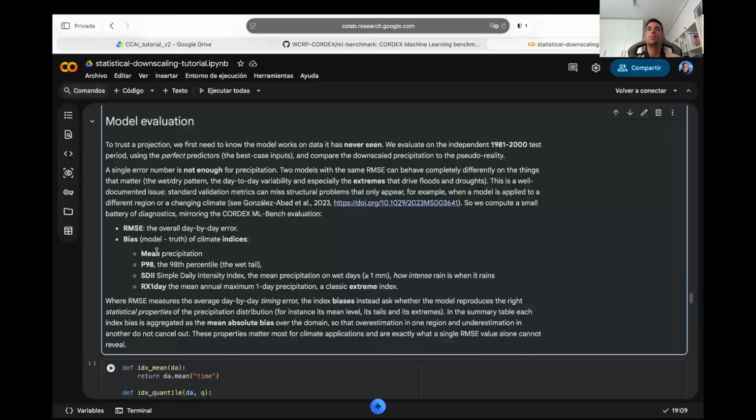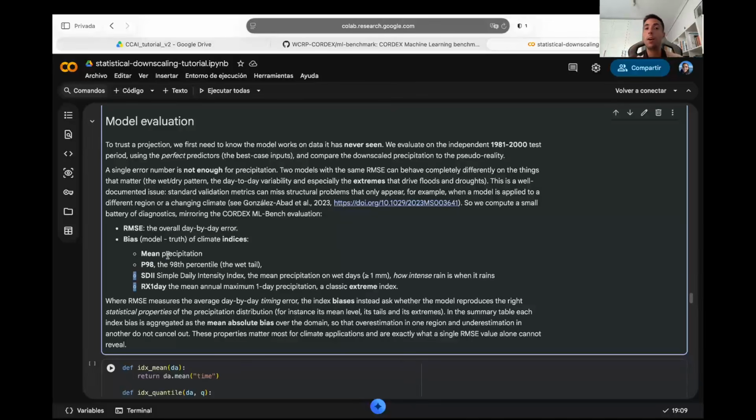You don't get extremes that often, of course, but they are quite important because some regions may be affected by these extremes. So if we have a deep learning model that is not able to capture these extremes, we have a problem. That's why this bias is also computed for these three indices, which try to assess how well the model does regarding extremes. For instance, how well the model does in reproducing the 98th percentile, right?